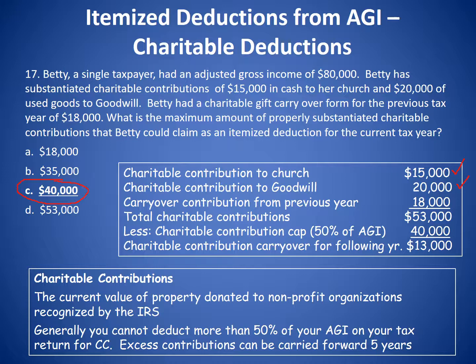Now, before we go on, let's go here to the charitable contributions description box I have here. Let's take a look at this first statement or paragraph. Basically, the value of property is the current value of property donated to nonprofit organizations recognized by the Internal Revenue Service.